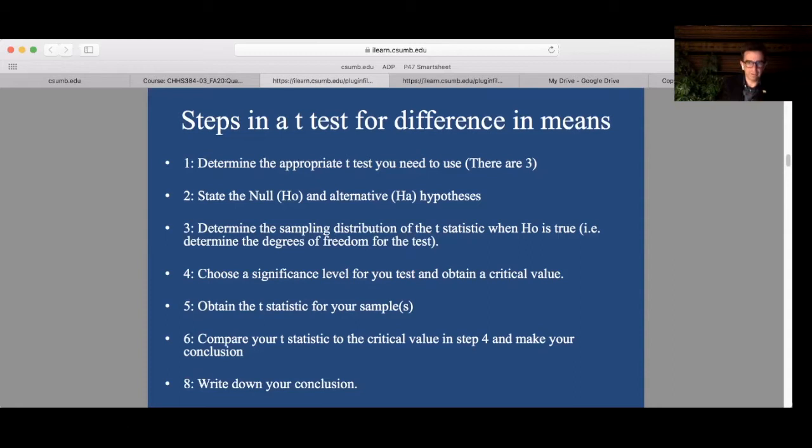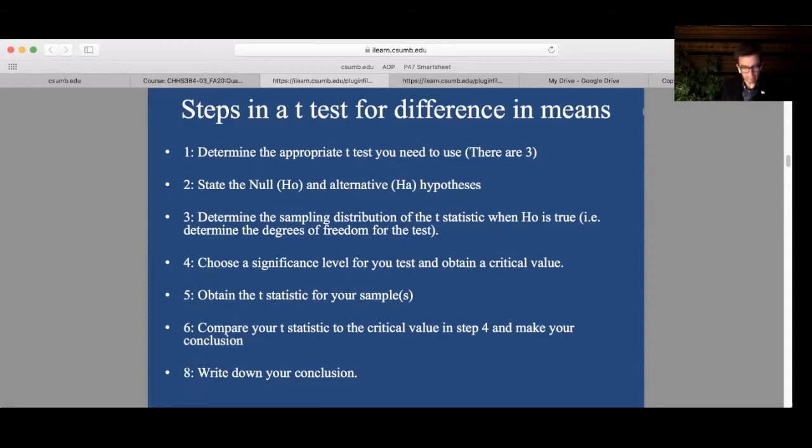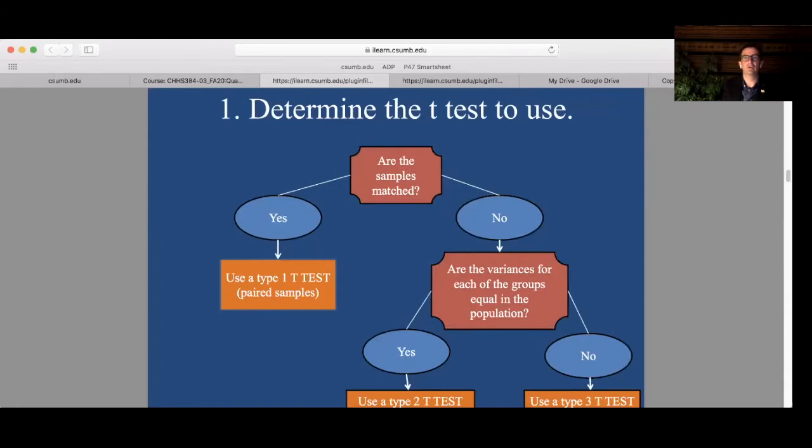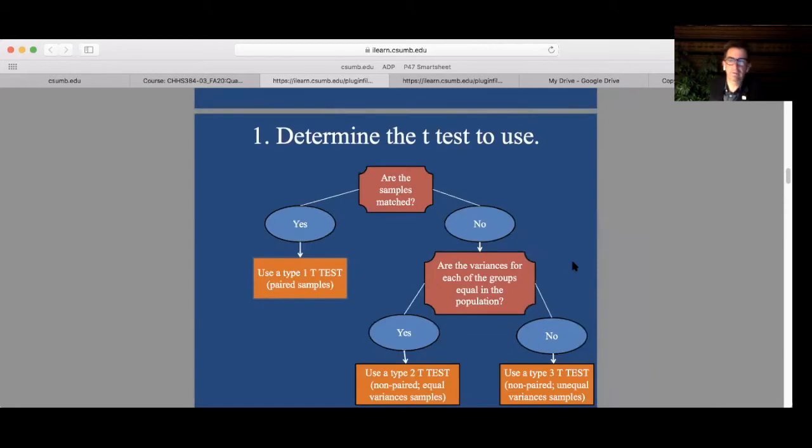So let's go over each of these steps. The first one is to determine which test to use. The first question we have, so there's three types of tests.